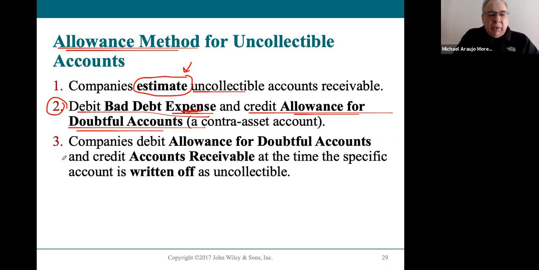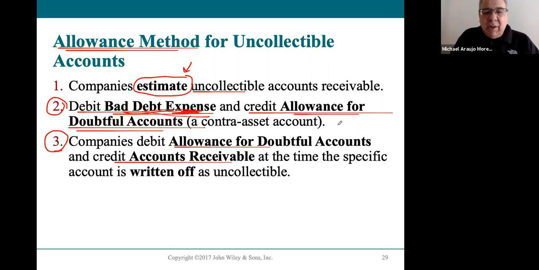And so what the company does as the year goes on is they will recognize bad accounts. And as they recognize bad accounts, instead of debiting their bad debt expense like the other businesses that don't follow GAAP can do, they're going to debit the allowance account in order to remove their accounts receivable from the books.